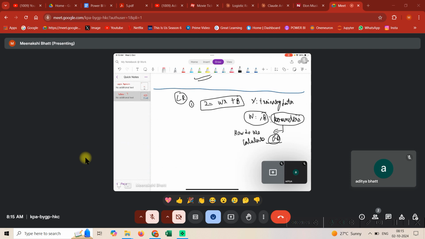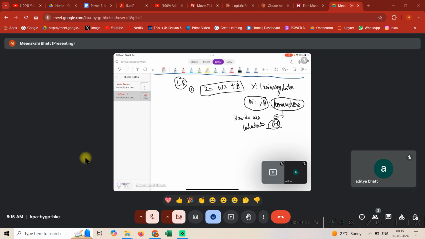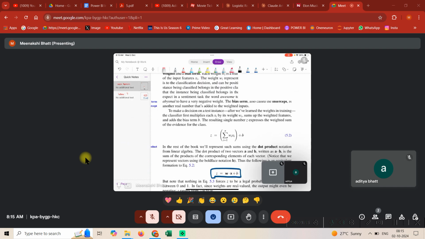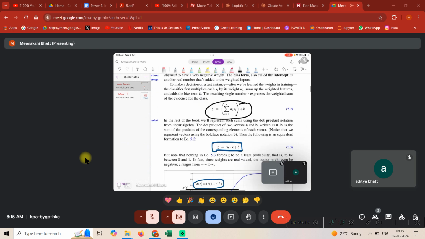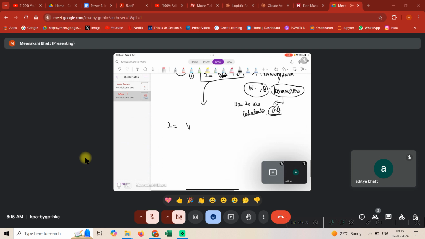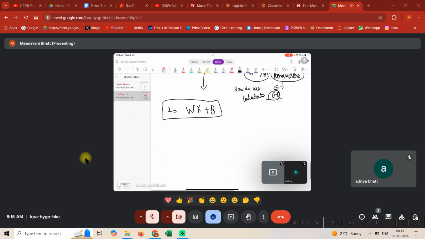Now what happens in logistic regression is that this can be written as wx plus b. Some people also write it like this. If you see over here how they have written it, the summation gets converted into a dot product, which is okay. So we have z is equal to this. What usually happens in logistic regression is that for binary problems you have two classes, positive and negative.